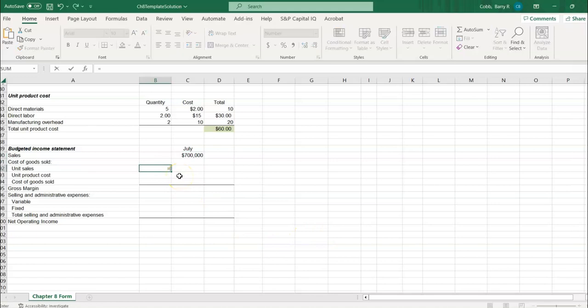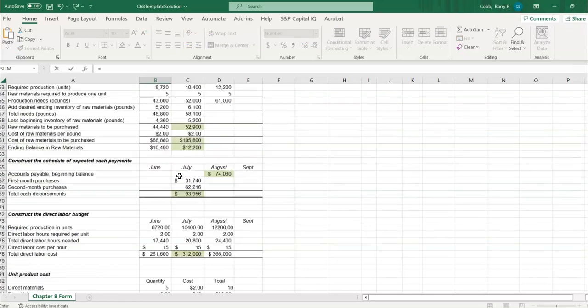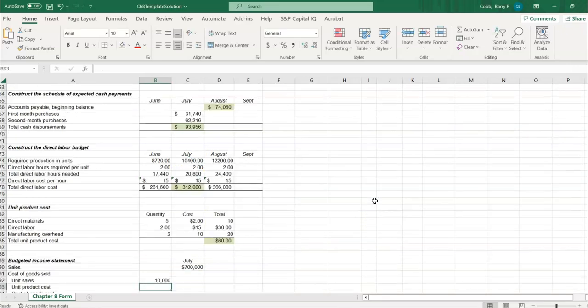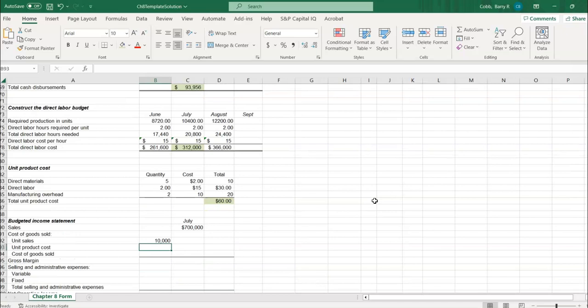We have unit sales for July, budgeted as 10,000 on row 30. And we're estimating a $60 unit product cost. So that will give us our cost of goods sold, 10,000 times 60.